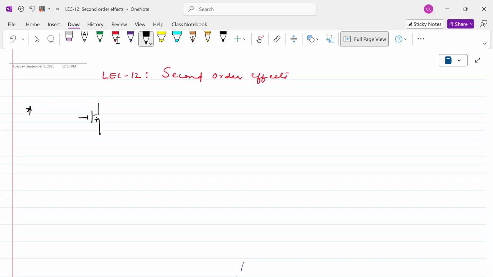When VGS changes by a small amount, how much current does it produce? That means GM stands for how much change you can see in IDS by changing VGS, provided VDS is constant.